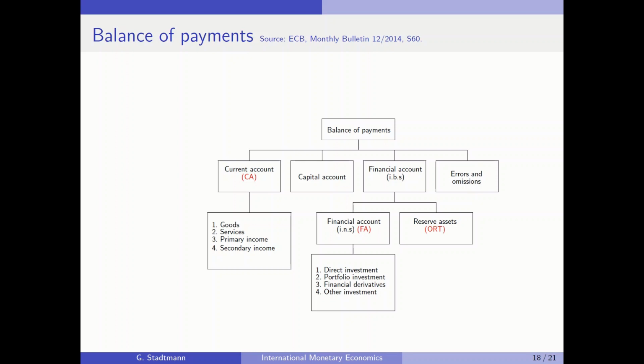Also, when one company is indebted to the outside world and this company is paying interest, then the primary income account will be addressed. This primary income account will also be addressed in case that there is one person living in Germany, working in Poland, and this person receives his wage from abroad.